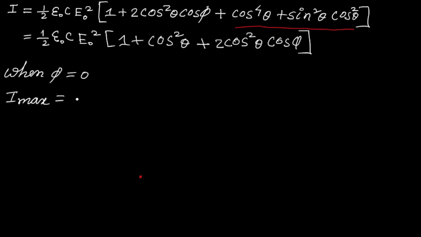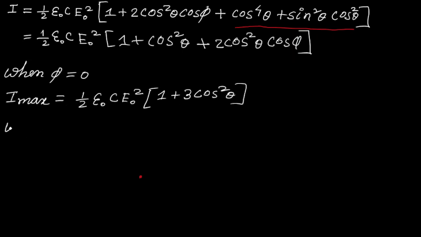So I max will be half epsilon naught c e naught square, 1 plus, if you put cos phi equal to 1, then it will give you 3 cos square theta. And when phi is equal to pi, that is both waves are in opposite phase with each other, then cos phi will be minus 1, so intensity will be minimum in that case.